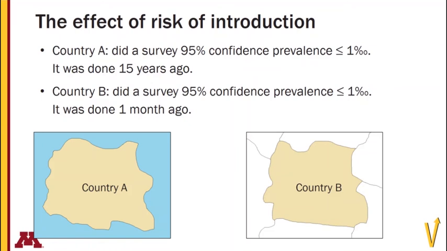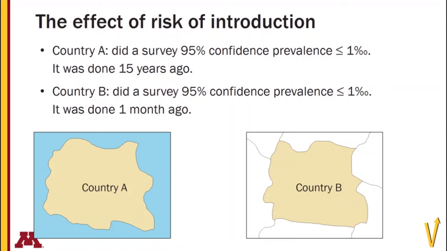It could also be a compartment with effective biosecurity measures. On the other hand, country B is placed in the middle of the African continent. It shares borders with 6 other countries, and these other countries are all endemic with the disease of interest, and their borders are very permeable. So, do you still think that the probability of freedom is lower in country A than in B?